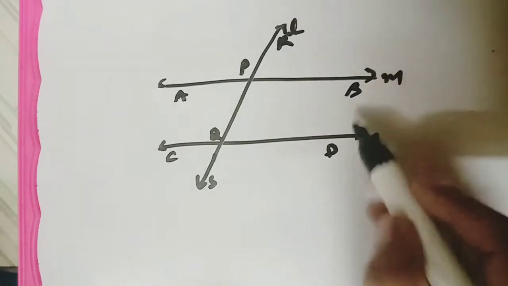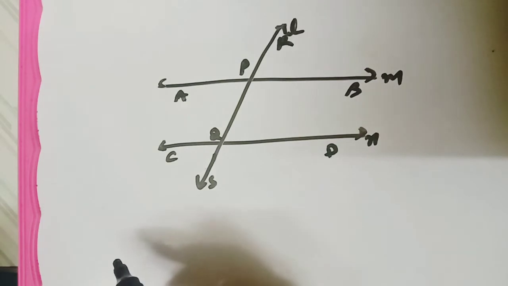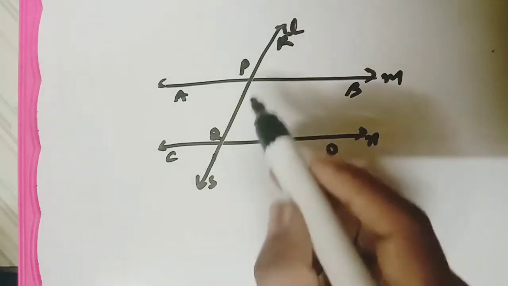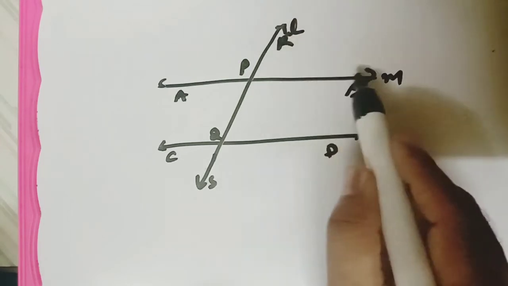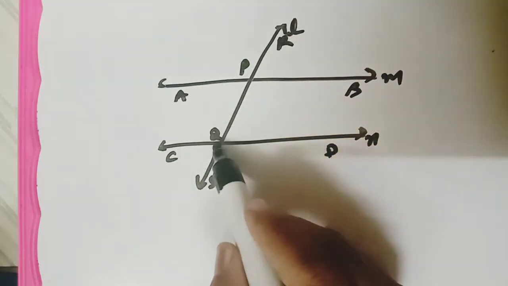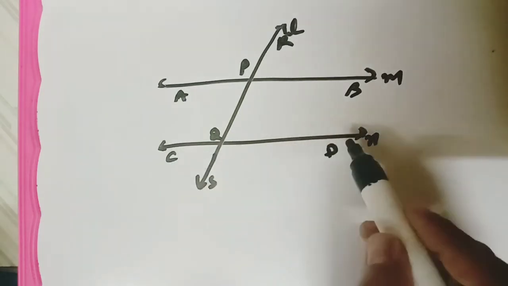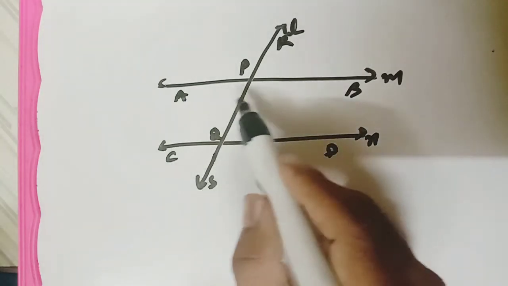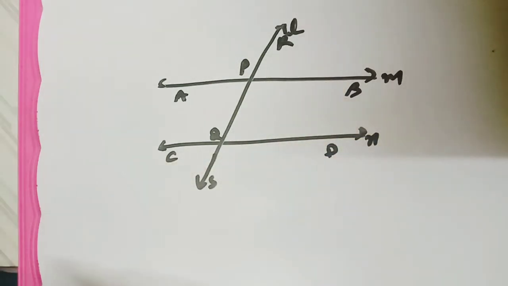When M and N are parallel and L is the transversal, we also get 8 angles: APR, RPB, APQ, BPQ, CQS, DQS, PQD and PQC.